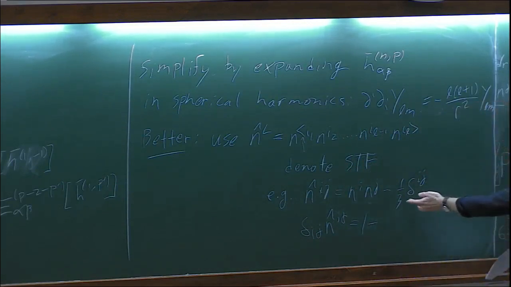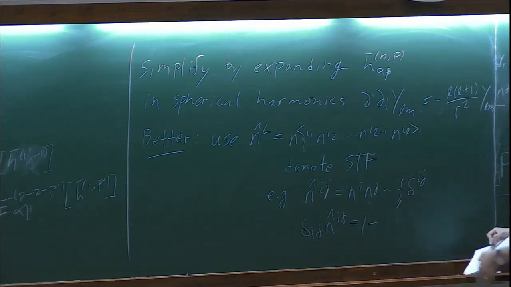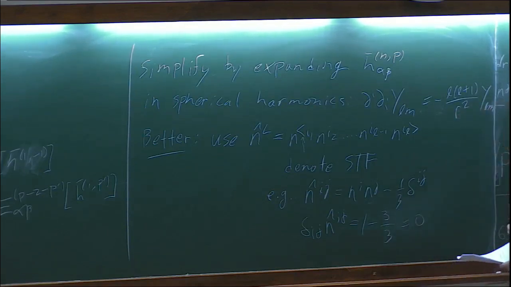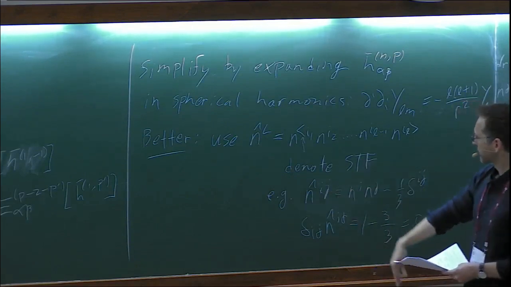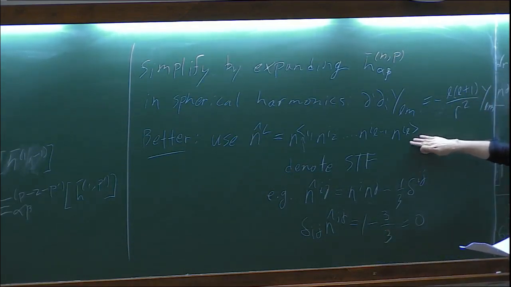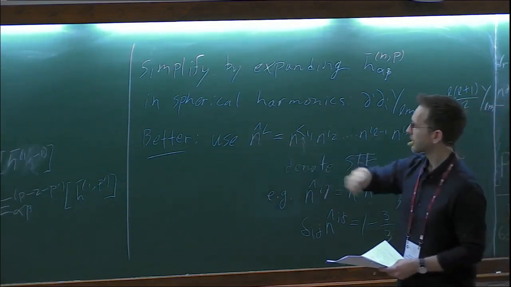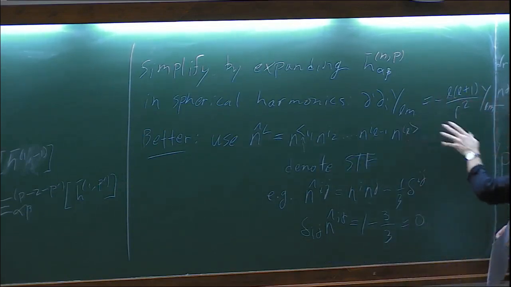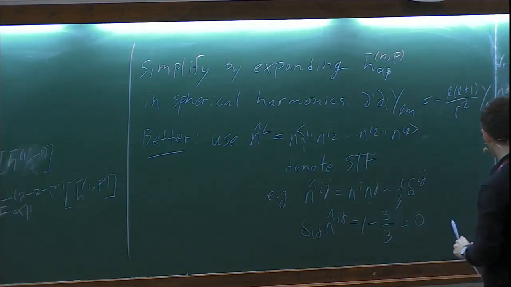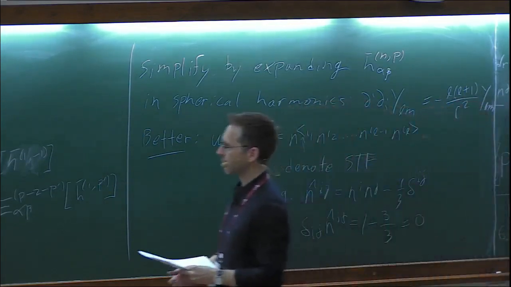And then the trace of delta ij is 3, so you get 3 over 3, and you get 0. And you can write down similar expressions for any number of indices. So these sets of products of unit vectors are basically equivalent to a Y_lm, but they're a bit nicer to work with in Cartesian coordinates.